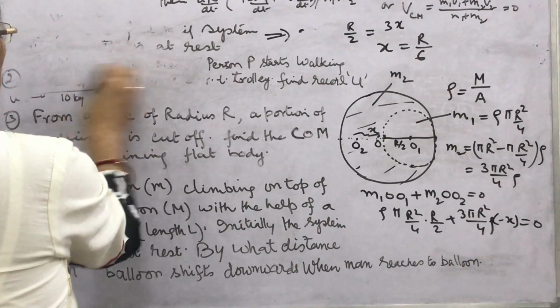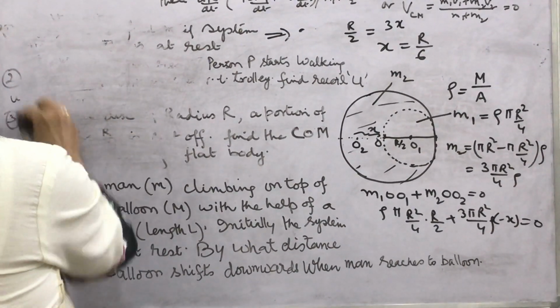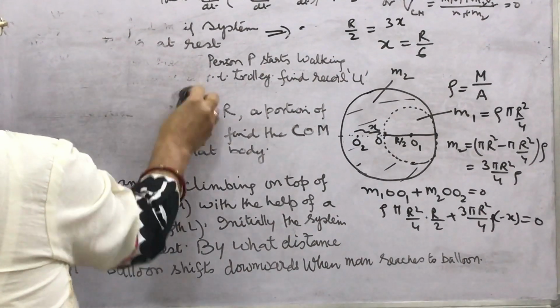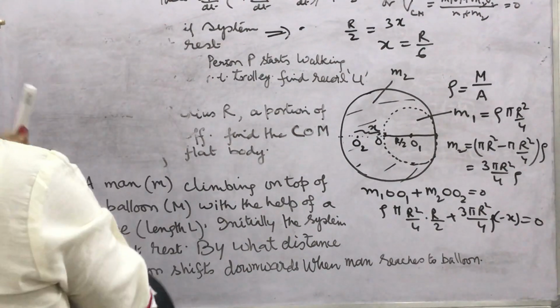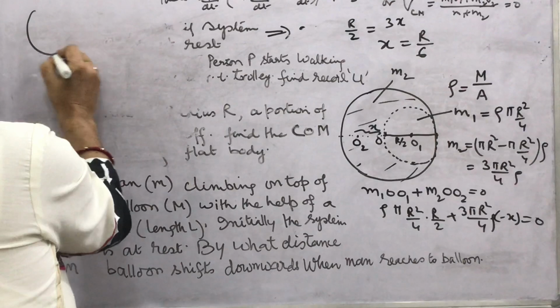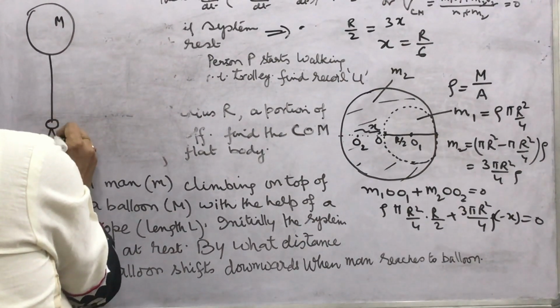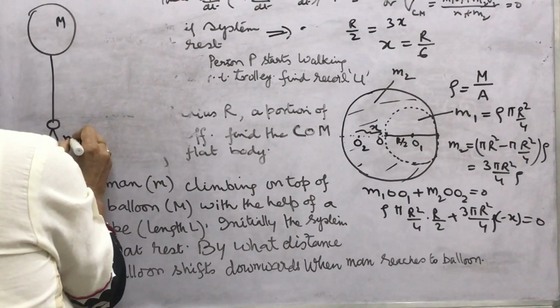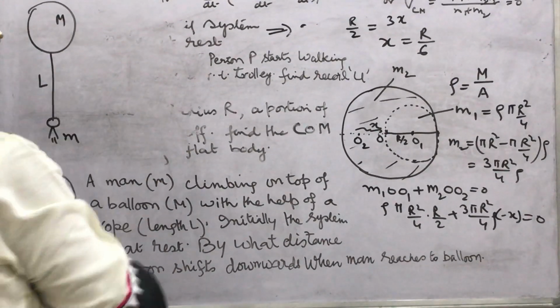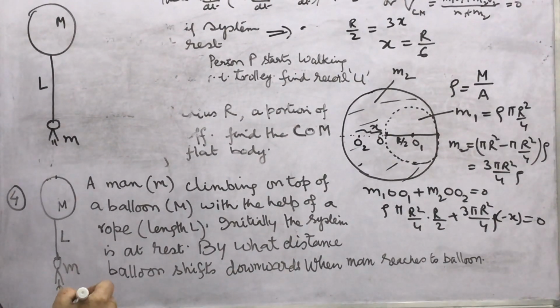Look here, the balloon is given with mass M and the rope is attached to the balloon like this. Suppose this is the balloon of mass M, this is the rope attached, and this is the person of mass M. L is the length of the rope.